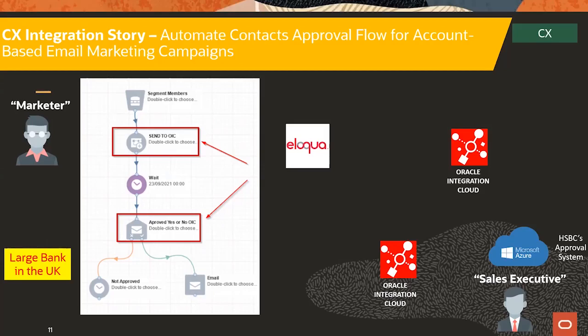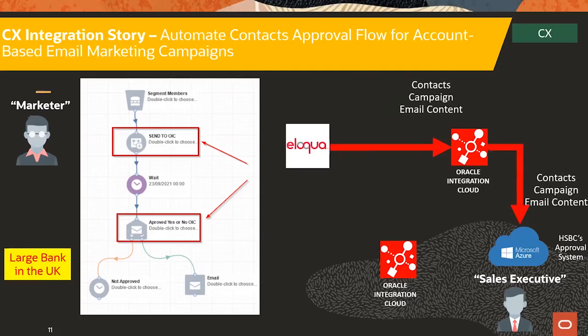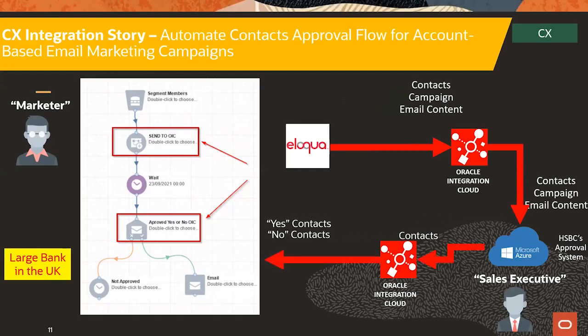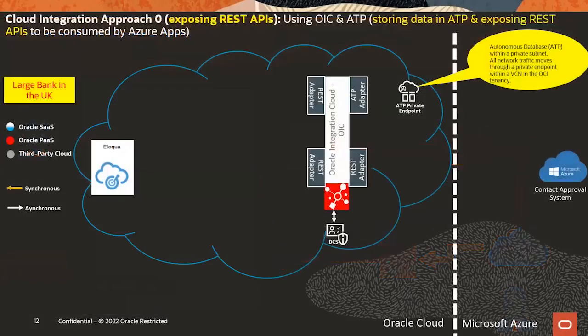So every time a marketer activates a campaign, they're going to send that data using Oracle Integration to Microsoft Azure, and then sales executives are going to answer whether the contact should receive an email or not, and then we're going to feed that data back to Eloqua.